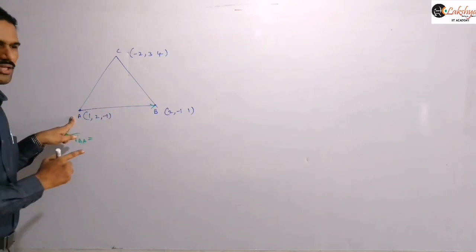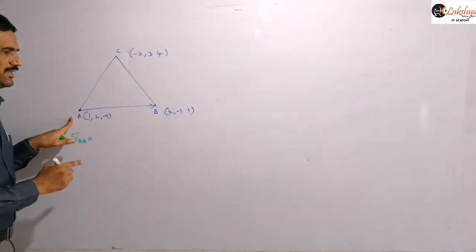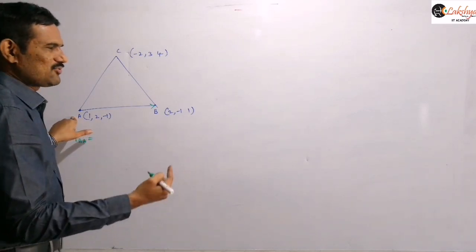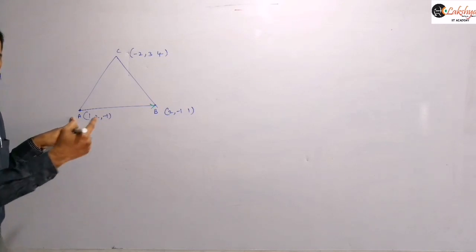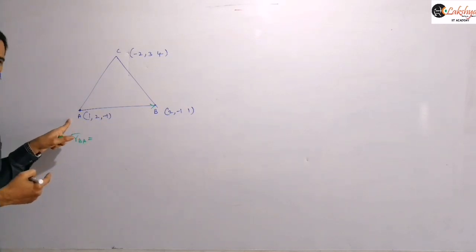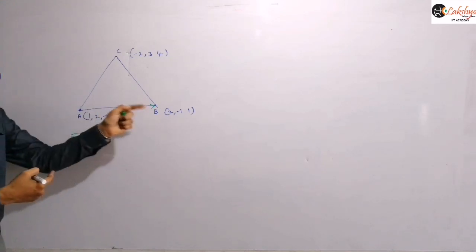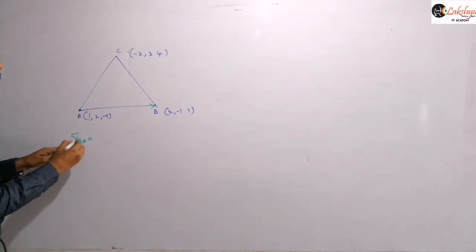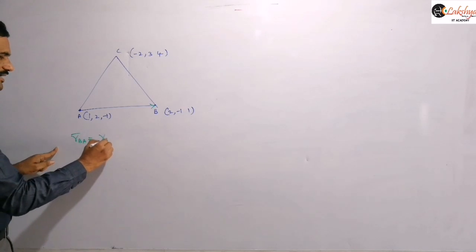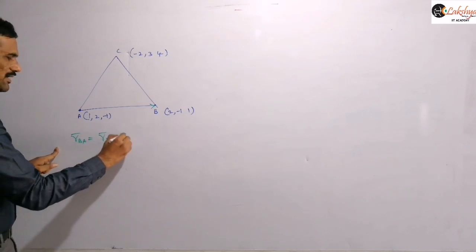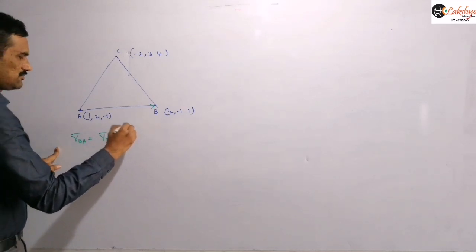Previously we mentioned AB bar, then B is our reference, then from B to A we mentioned in the previous problem. So similarly now I am taking A as the reference, then the position of B will be away from this. And so here it is R_BA bar, which we can write as R_B bar minus R_A bar.